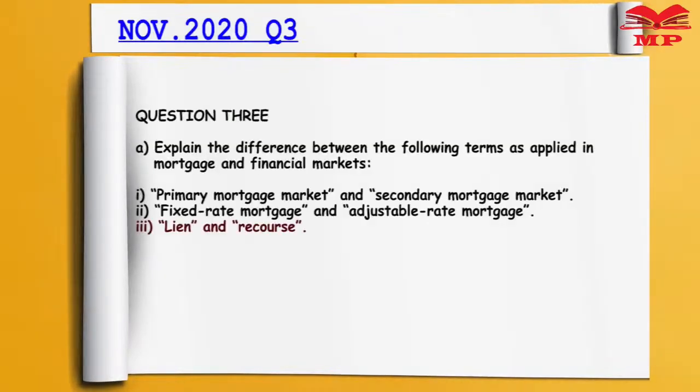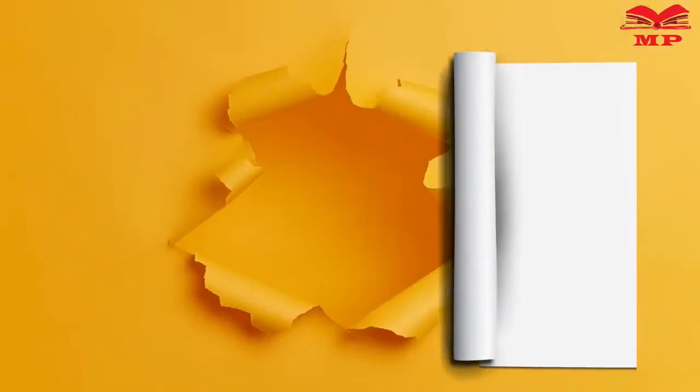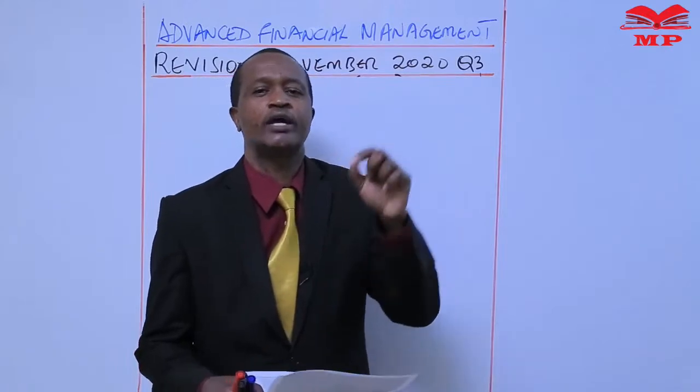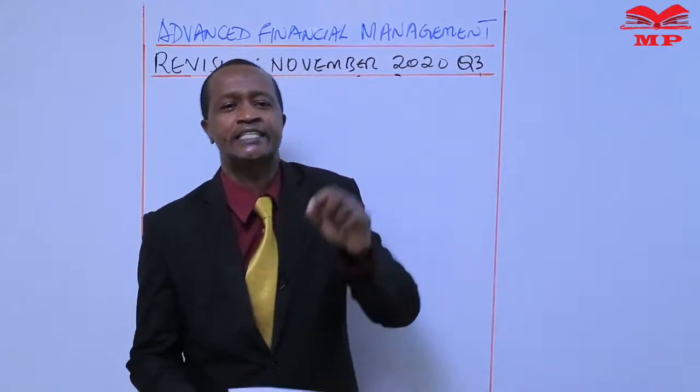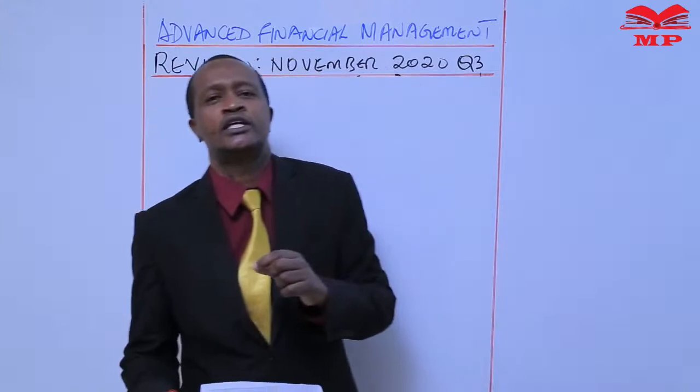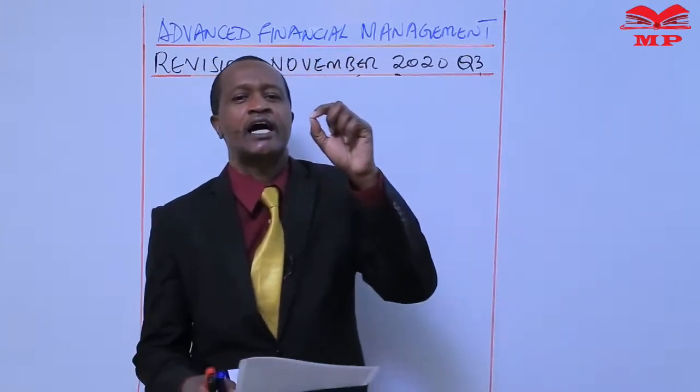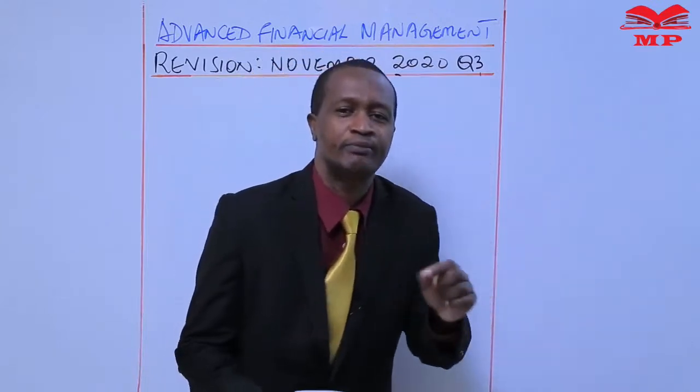Roman 3, lien and recourse. Now, a lien, candidates, gives an individual or an entity a claim to a property until a debt is paid off. And if the debt goes unpaid, they have the right to take it back.